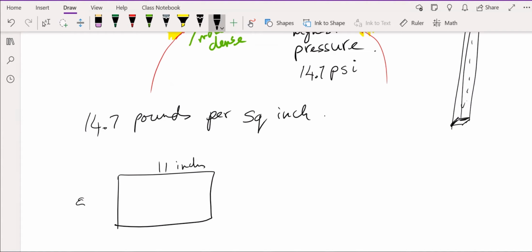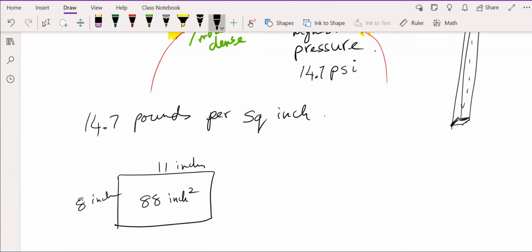And this is around 8 inches. So you have 8 by 11, right? So how many square inches is that paper? 88 square inches. On each square inch, how much is the force by the air?